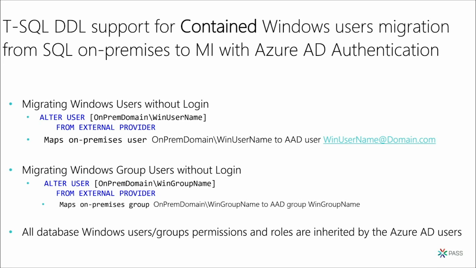And Azure Active Directory is smart enough to look at the Windows user, and I'll show you in a moment how, and convert it to an Azure Active Directory user. So after this conversion, I'll have a demo on it, you will see that the user was properly converted to an AAD user with permissions and with roles there.